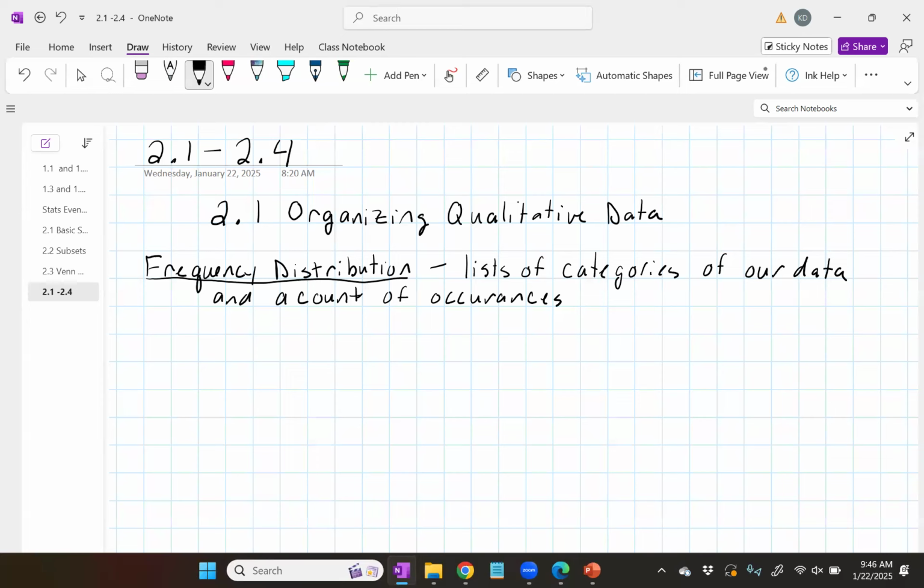So that's our frequency. It's going to be a table. We have category, and then we have our frequency. Let's put them all together. And it's a table.